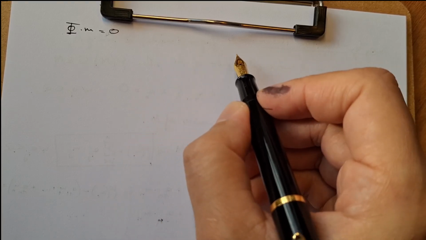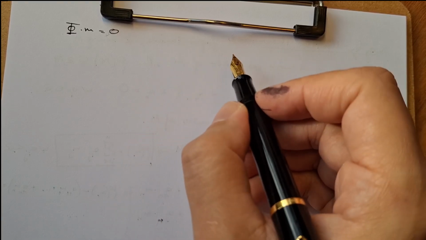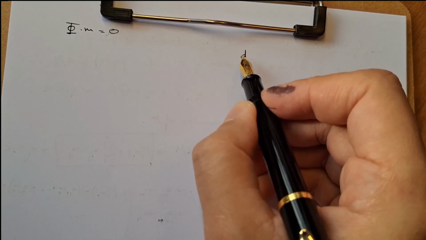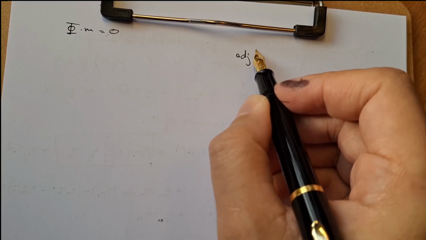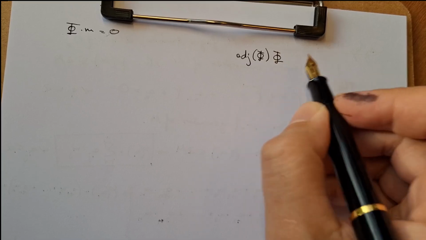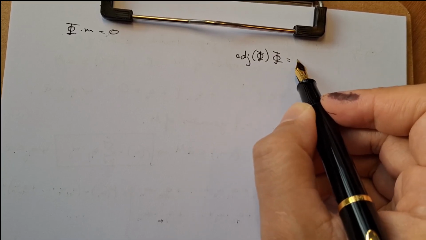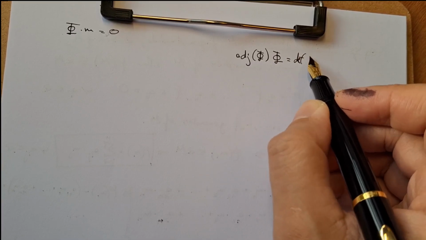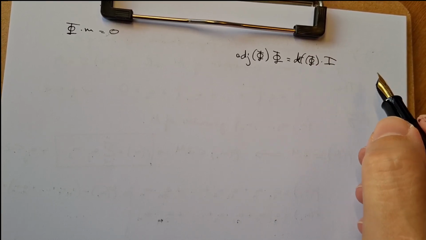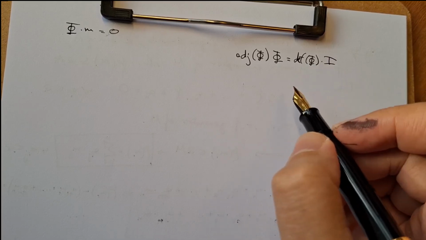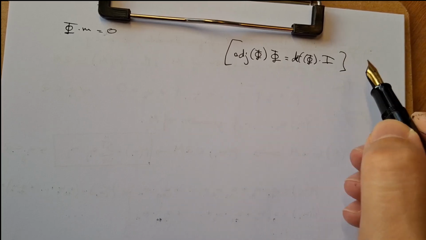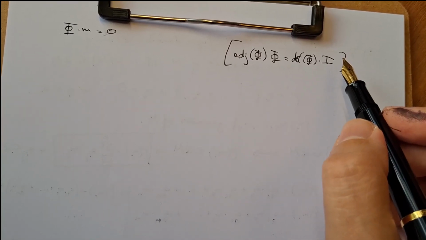We know that there is this equation from the fundamental identity for the adjugate matrix, which states that the adjugate of the matrix psi multiplied by the matrix psi itself equals the determinant of psi multiplied by the identity matrix, like the diagonal matrix. This is the fundamental identity for the adjugate matrix.